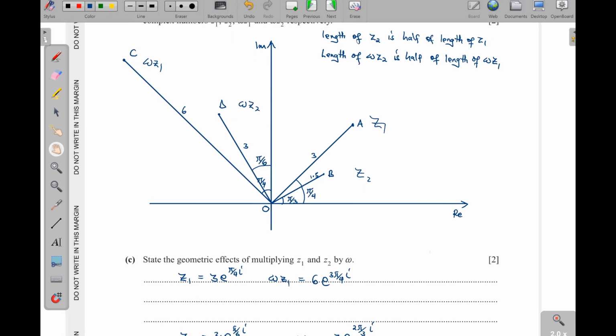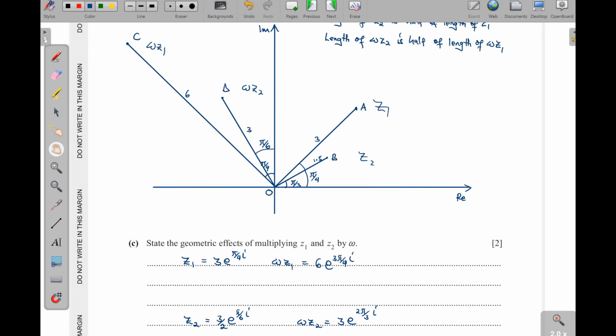Now, I want you to see what is happening here. From z1 to omega z1, we can see that the length, which is here 3 units, goes to 6 units. That means this one is multiplied by a scale factor of, no, it's not actually 3. This 3 times 2 is the one that gives us a 6, right? So it is enlargement by scale factor 2. You see that?